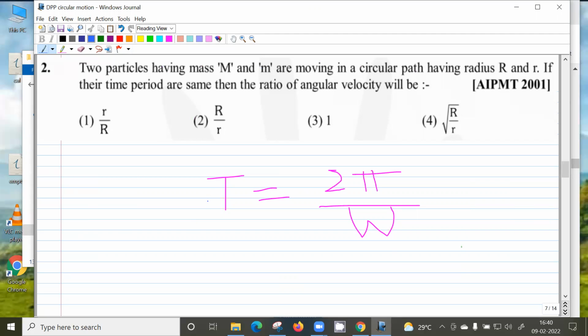There is the centrifugal force, horizontally. There won't be gravity. Okay, the question is not clear. Suppose you assume it's moving under gravity.